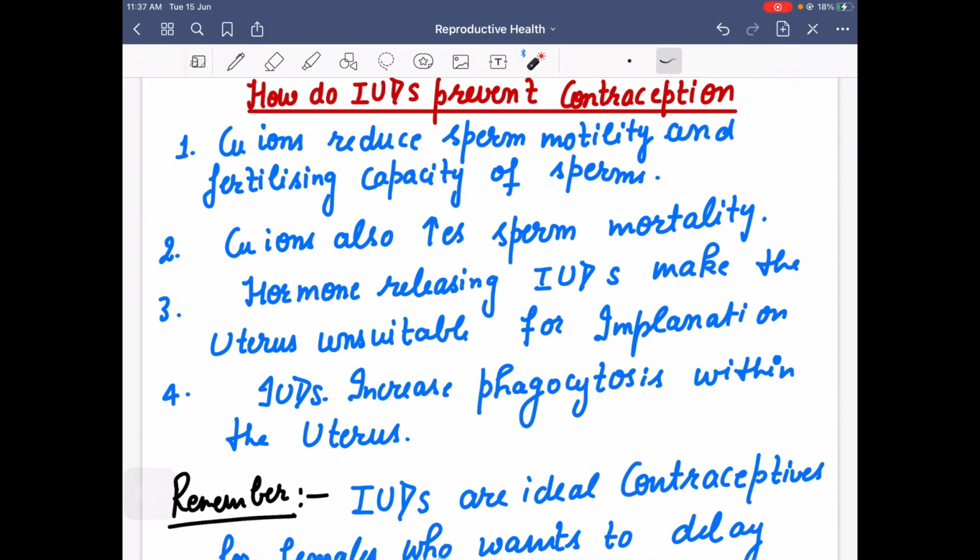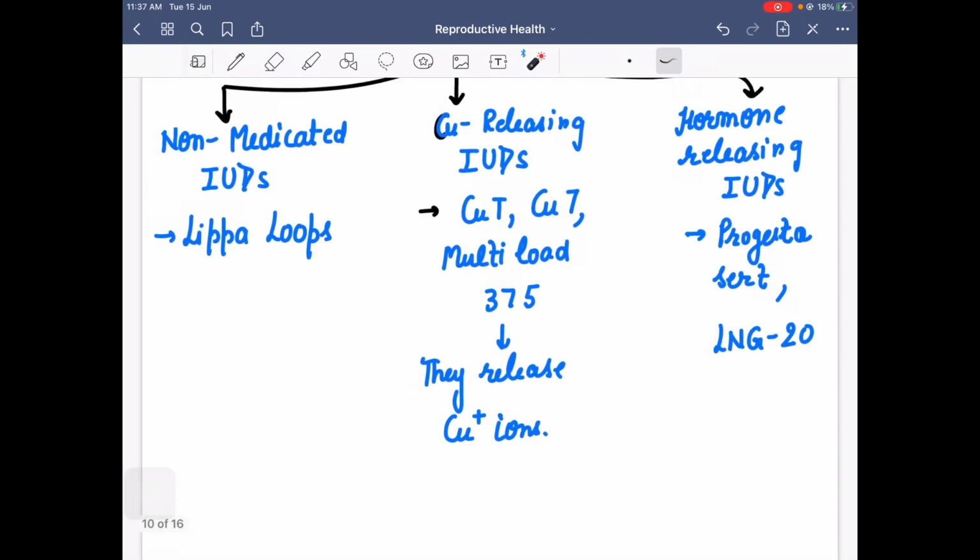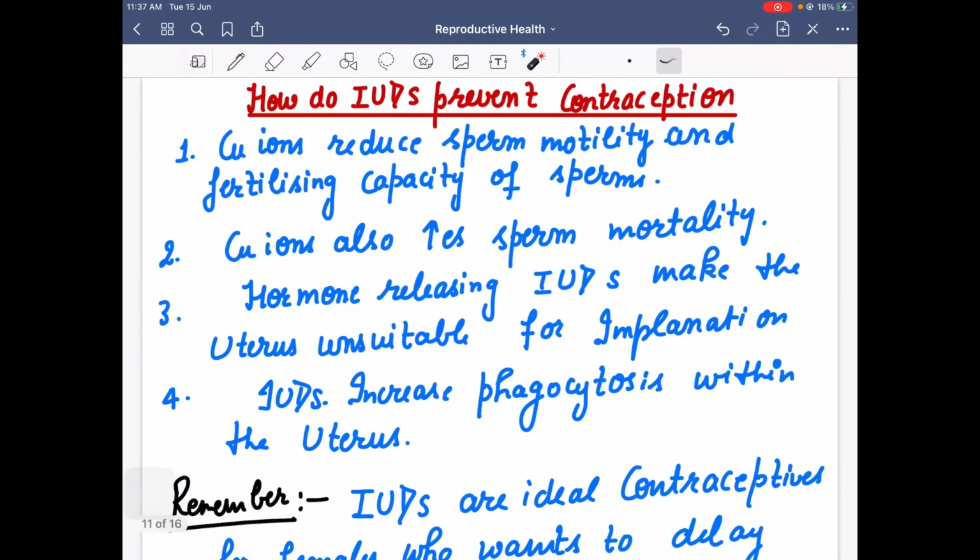So when a female uses copper releasing IUDs, these copper ions reduce the main weapon of sperm, that is the sperm motility.